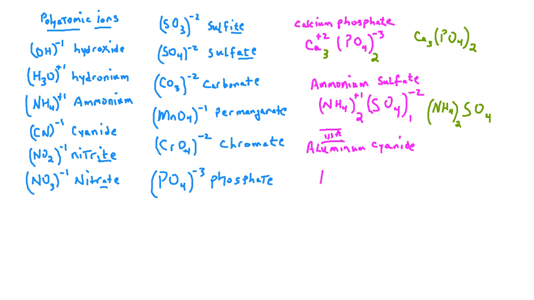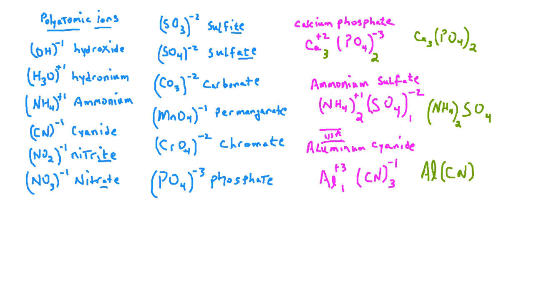The cyanide ion we just wrote was CN, but cyanide only needs 1 electron. But aluminum's giving 3 electrons. Cyanide only needs 1. So if I take 1 aluminum, that gives 3 electrons, then I need 3 cyanides. Each cyanide taking 1 electron from the aluminum. So the formula for aluminum cyanide would be Al, and now again the parenthesis, CN, 3. This would be aluminum cyanide.